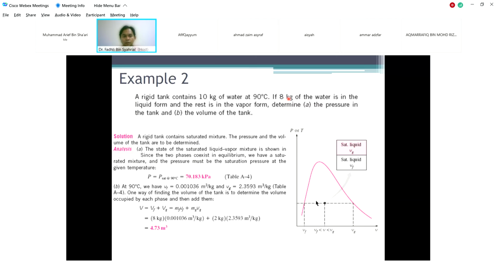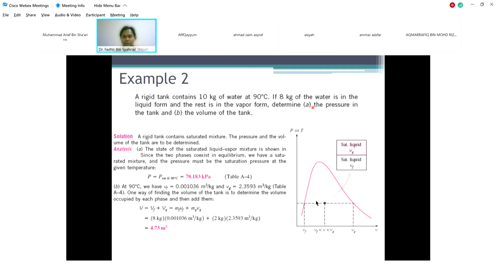Because both liquid and vapor coexist in equilibrium. So just write down phase is saturated liquid vapor mixture. Those are the clues given from the question, and all of these clues will help us find the answer.